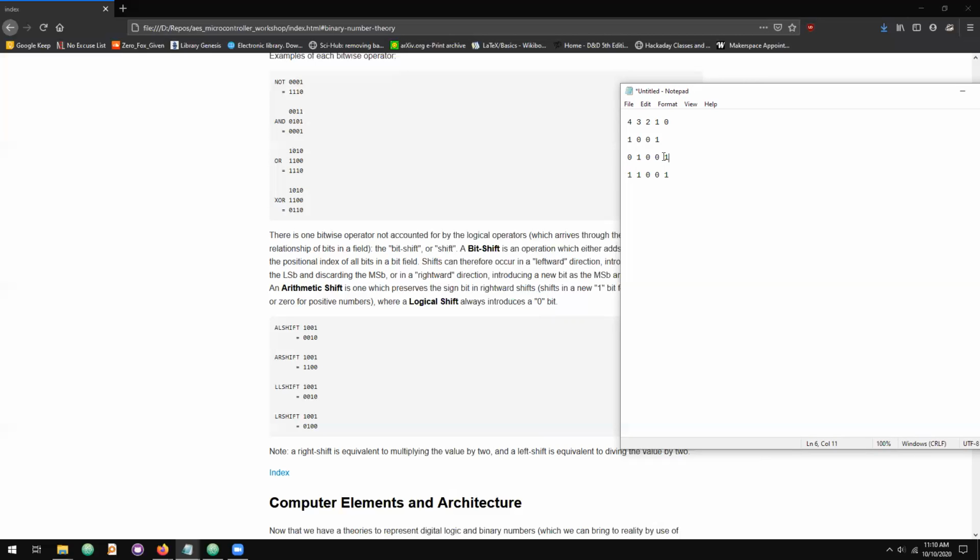So let's say you just want to have a 1-bit here or a 1-bit here, and you do a shift operation to toggle between the state of 0, 1 or 1, 0.